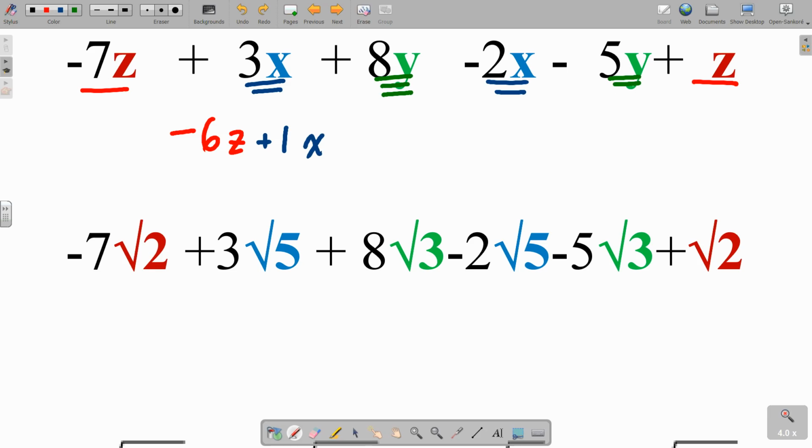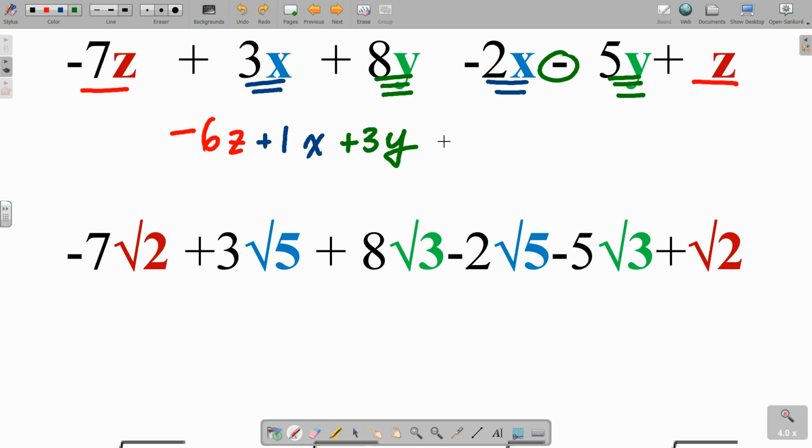Notice I'm using what's called physical notation. I'm also using colors. It's a negative sign, so watch out for that. Okay, that's as far as I can go there in simplifying with those variables.